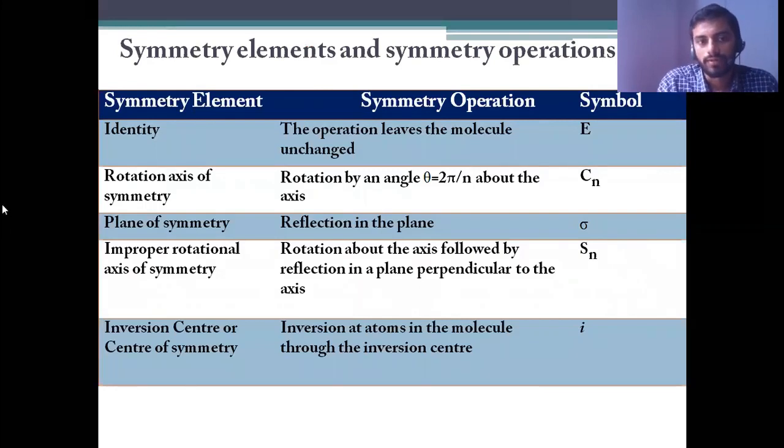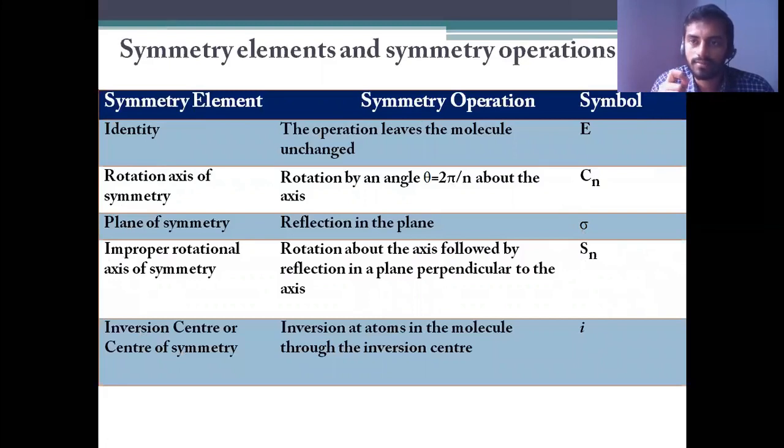We have the symmetry elements: identity, rotation axis of symmetry, plane of symmetry, improper axis of symmetry, and inversion center. For each symmetry element, there is a symmetry operation and a symbol for it. We can see E, Cn, sigma, Sn, and i. Here we are talking only about the molecular symmetry of group theory in molecular systems.